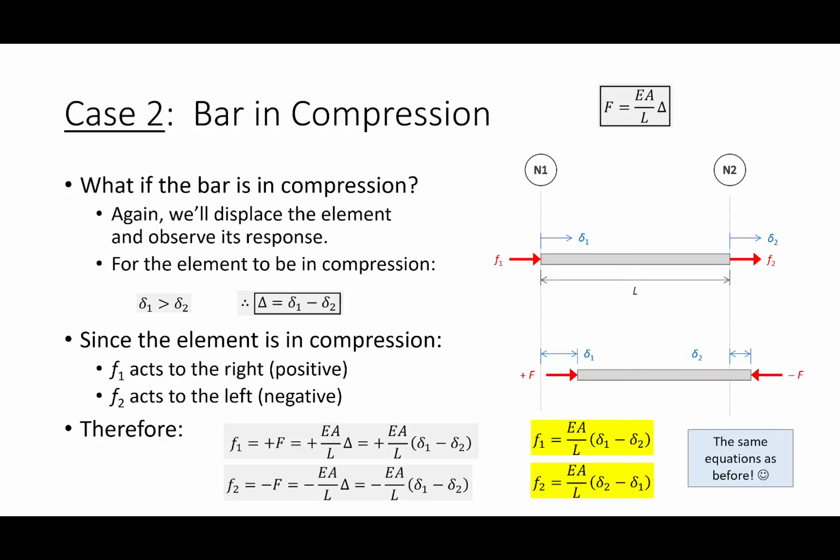So the only thing left to do is, let's expand these. So what would I get here? I'd get F1 equals K delta 1 minus K delta 2, right? Then what would I get down here? I'd get F2 is K delta 2 minus K delta 1.